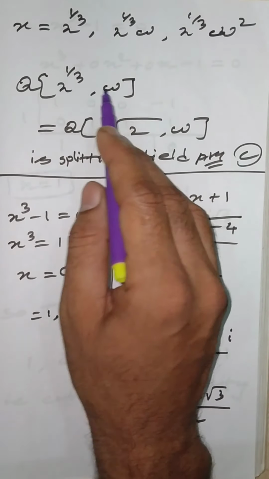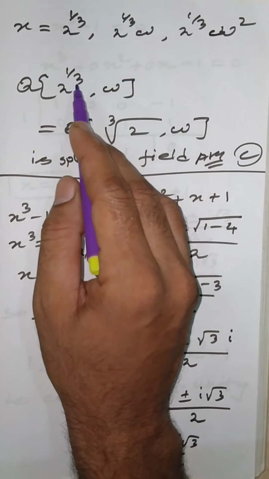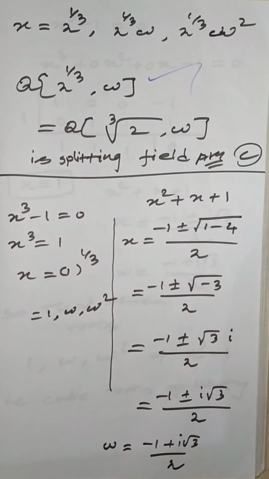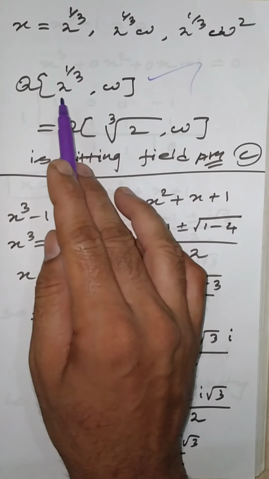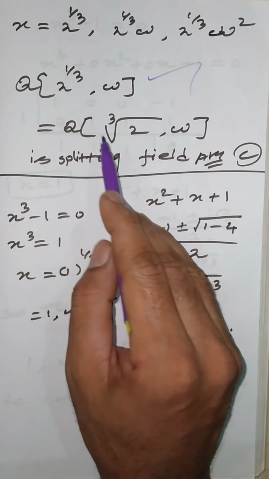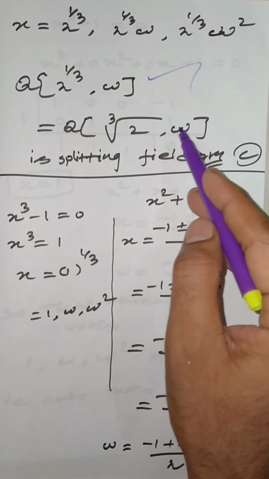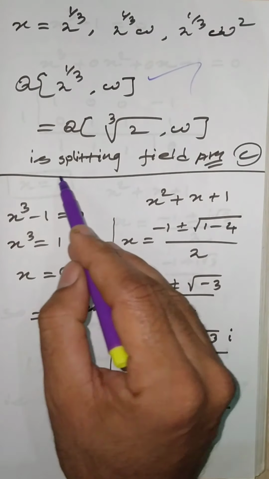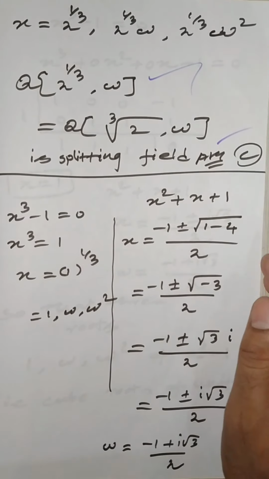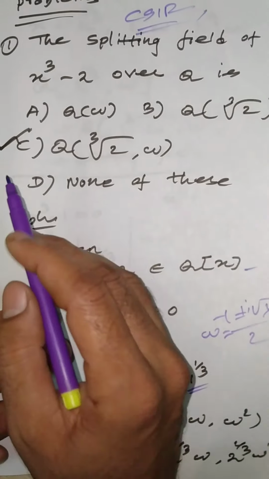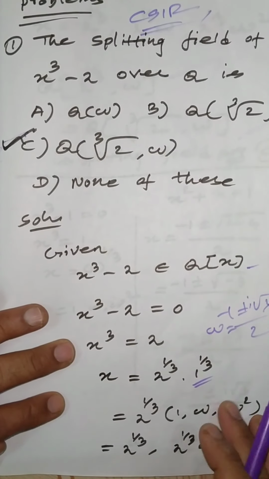So this is enough. So Q adjoin 2 power 1 by 3 and omega is our required splitting field. This can be written as Q of cube root of 2, omega is the splitting field. So this is our answer. So option C is correct. Right. Answer C is absolutely correct.